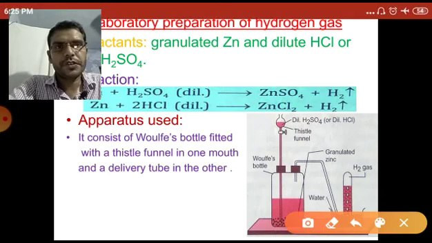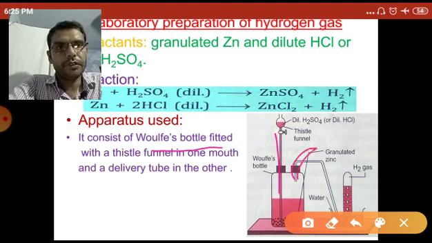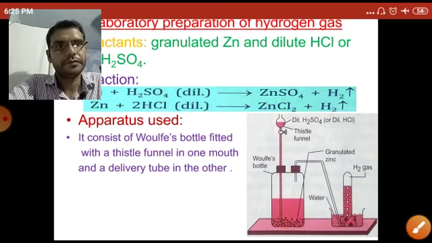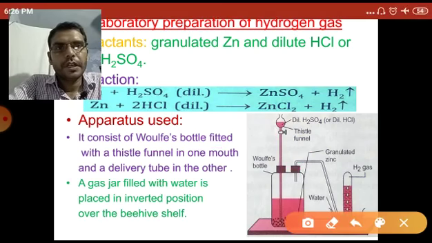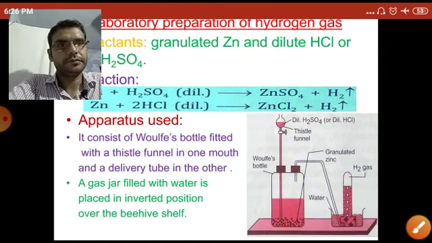So the apparatus consists of a Wolfe bottle fitted with a thistle funnel in one mouth and a delivery tube in the other mouth. A gas jar, this one, is filled with water and placed in inverted position over the beehive shelf.